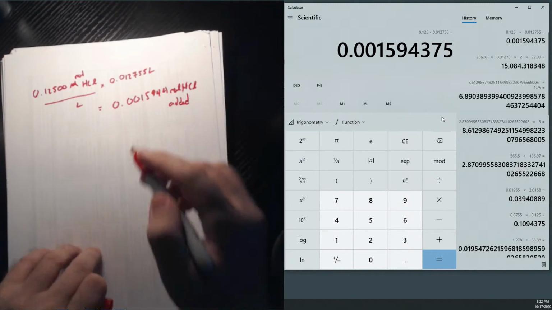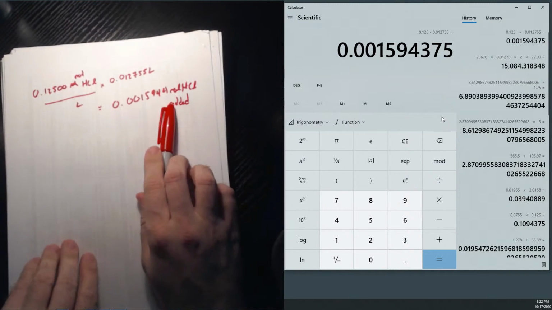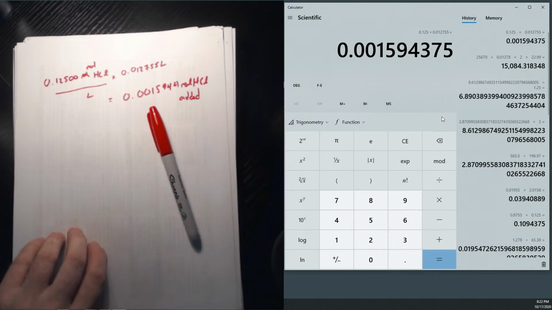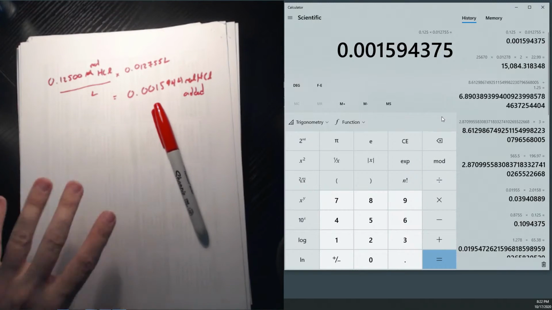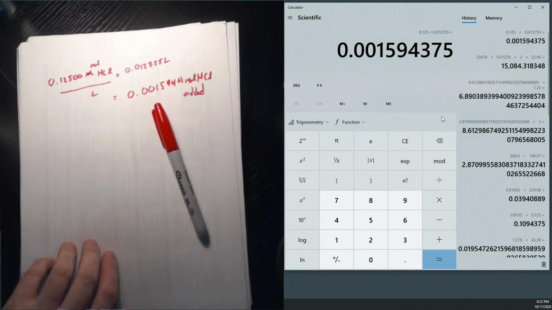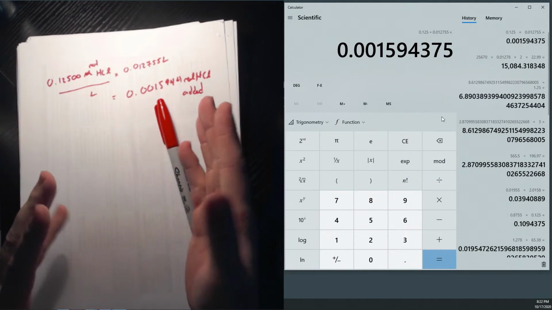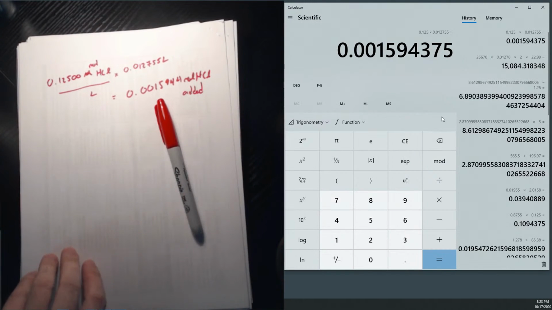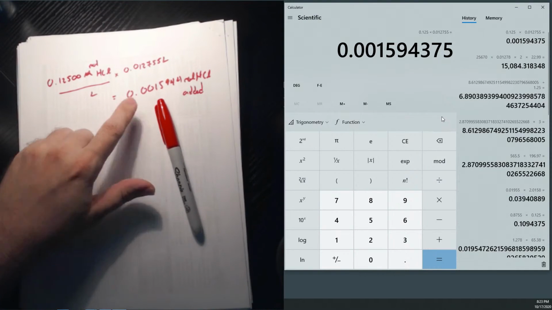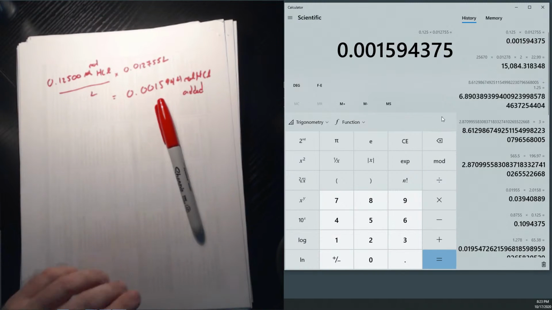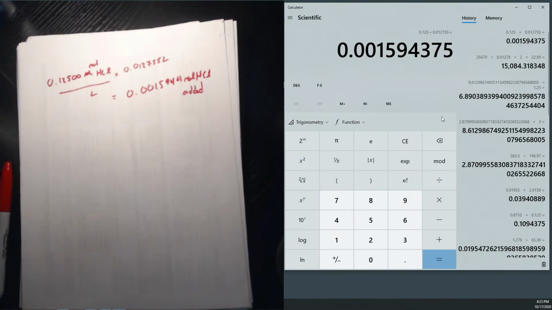Okay, so we added that many moles of HCl, and because it's a nice straightforward equivalence, that's how many moles of NaOH were in the flask to start with. Okay. By the time we've added this, it's all been used up, but that's not what we care about. We're using this to figure out what it was like at the start. So how much sodium hydroxide must there have been in it when we started?